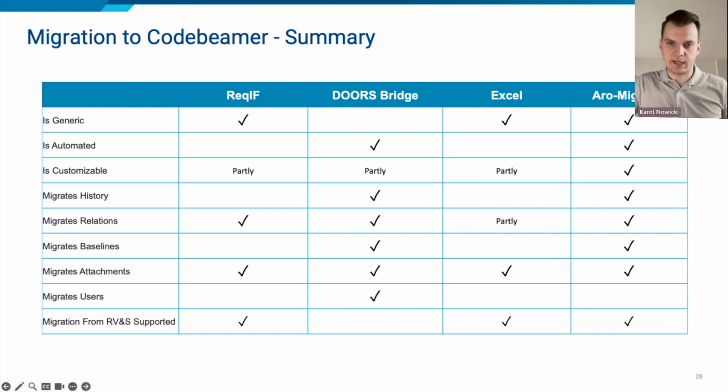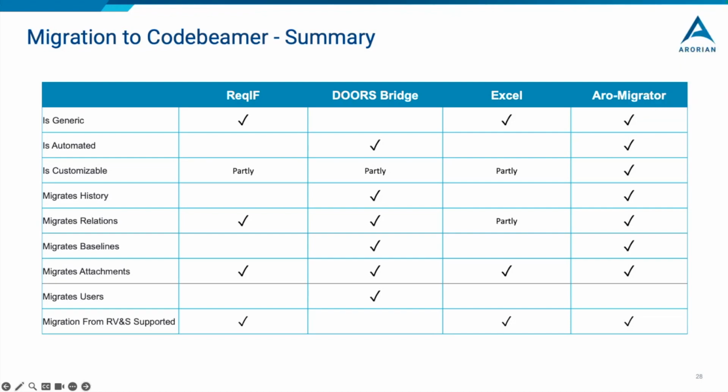Regarding the customization, the first three methods I marked as partly customizable, as they have options to modify or extend the functionalities, but it's limited and we don't have full development potential there. In the case of Aro-Migrator, we have full customization capabilities as we are the owner of this tool and the code.